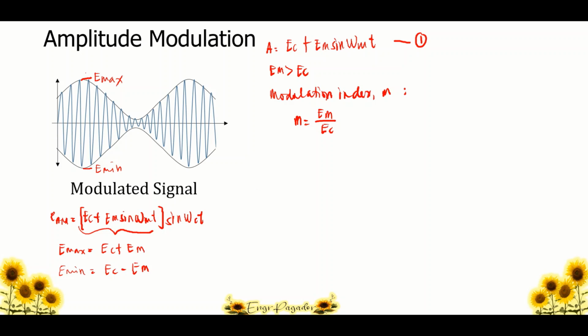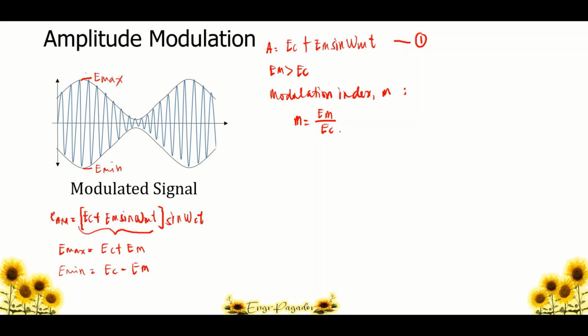Now, if we want to rewrite our amplitude here in equation number 1, let us manipulate the equation of the modulation index. For example, we are going to substitute for EM from the formula of the modulation index.